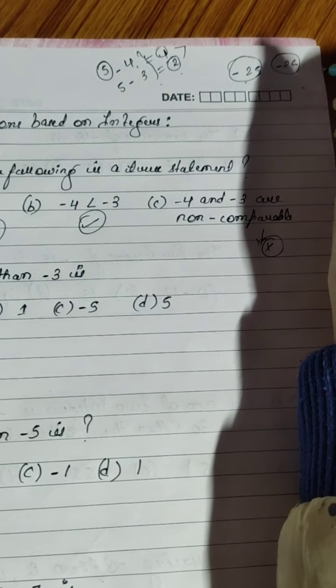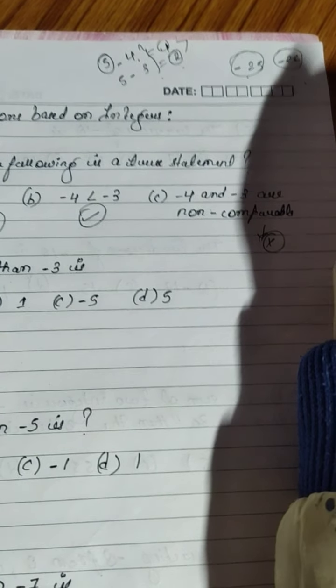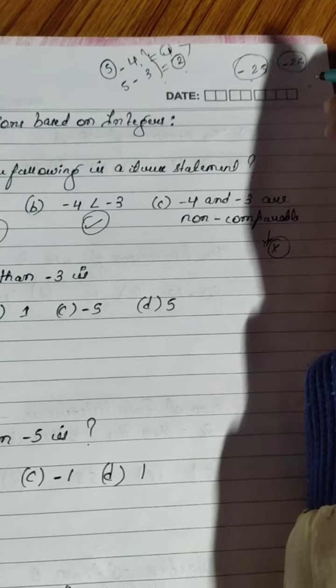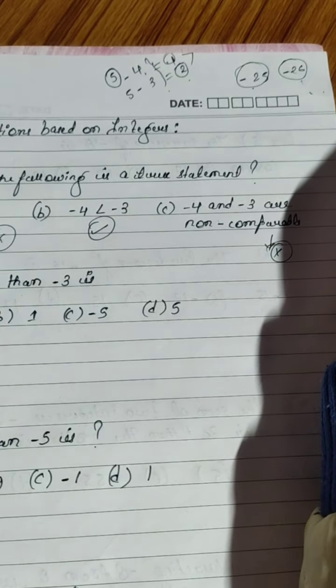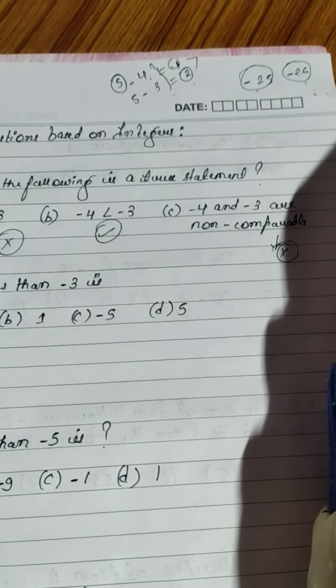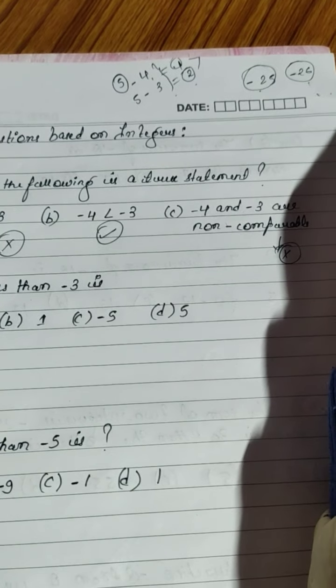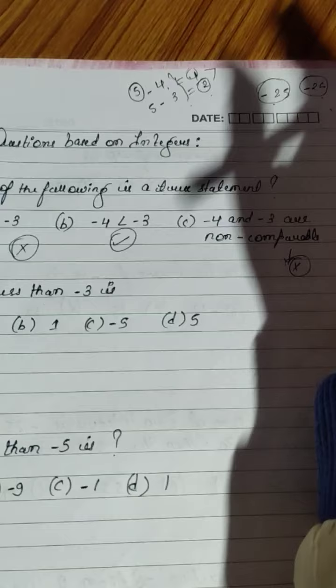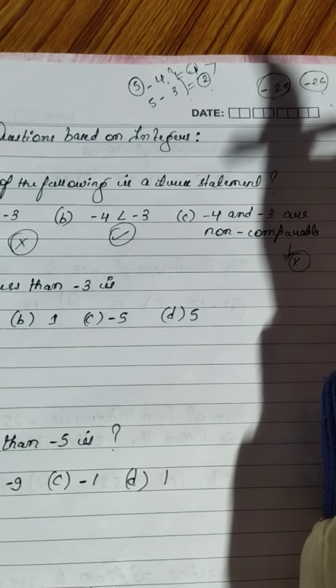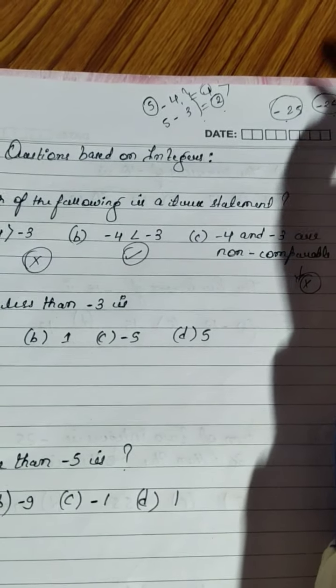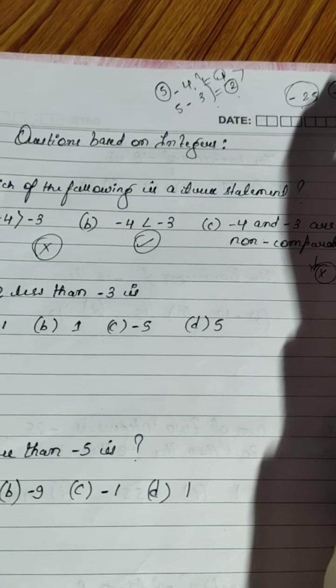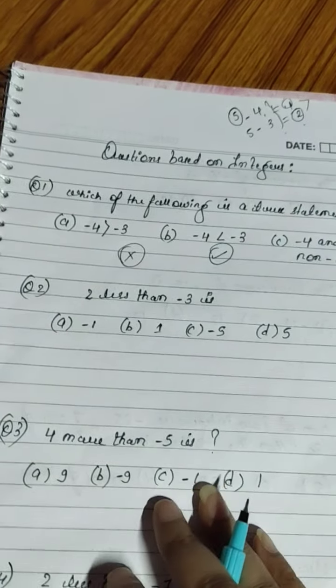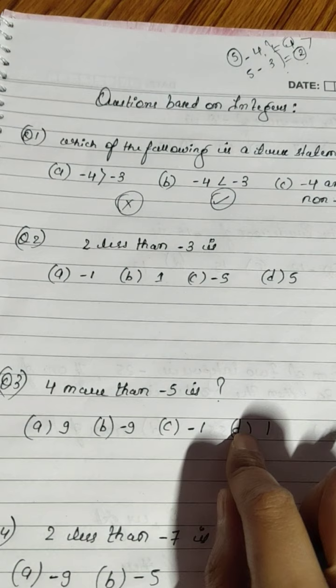Why? Because 26 is the larger quantity and 25 is the smaller quantity. 26 is bearing the negative sign, so -26 is the smaller number and -25 is the greater number. It's a very easy concept. If you see the larger number bearing the negative sign, you can always conclude that it's a smaller number.